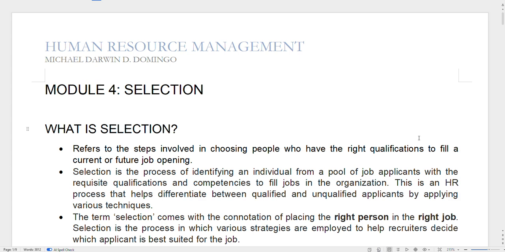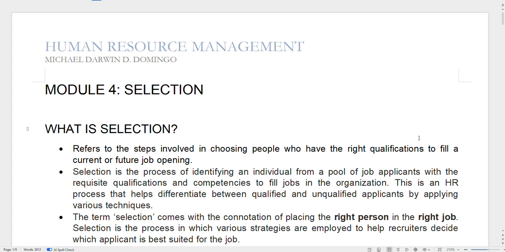So why do I mention right? Because here in the selection process, we are choosing the right people with the right qualification that would match the employee or the potential employee that we are looking for. It is also said that selection is the process of identifying an individual from a pool of job applicants with the requisite qualifications and competencies to fill jobs in the organization.